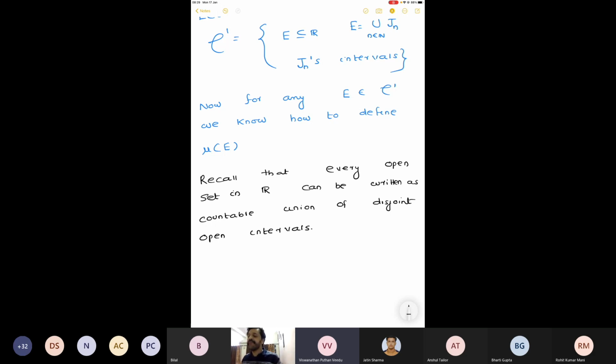And therefore, every open set will be an element in C dash. And therefore, we can measure open sets. Okay.